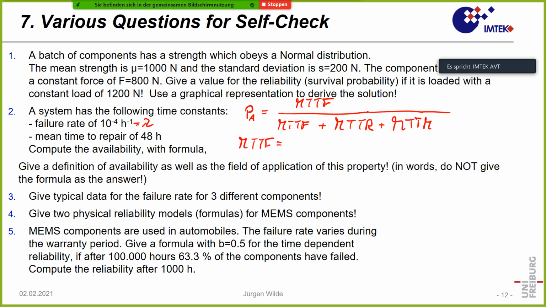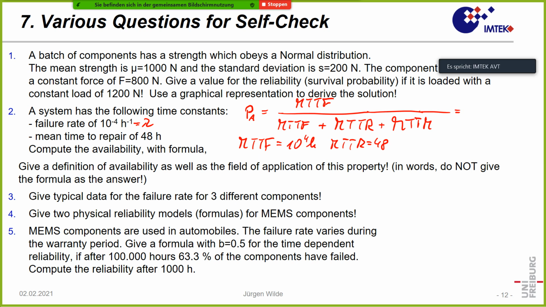Yeah, so 10 to the power of 4 hours. MTTR is 48 and MTTM is 0.